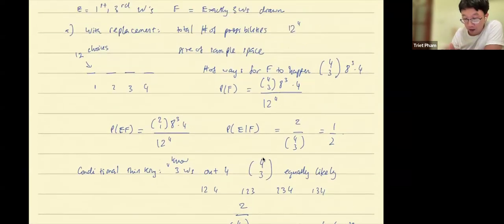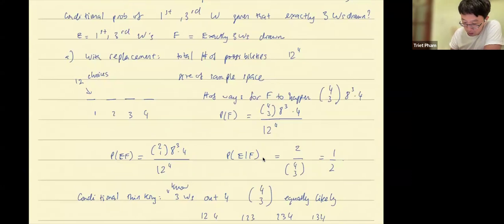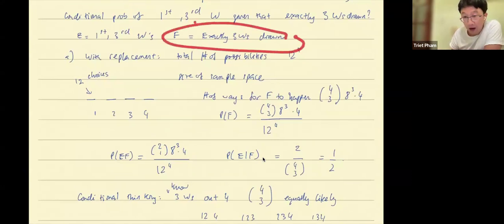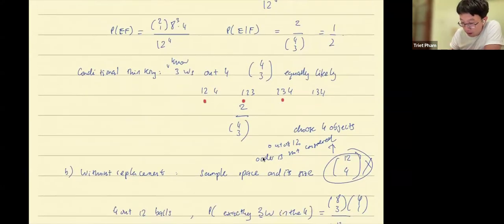The conditional thinking cuts through the original sample space. It only focuses on what you are conditioning on, which is having exactly 3 out of 4 white balls drawn. And once you look at that, it doesn't matter if you do it with or without replacement.